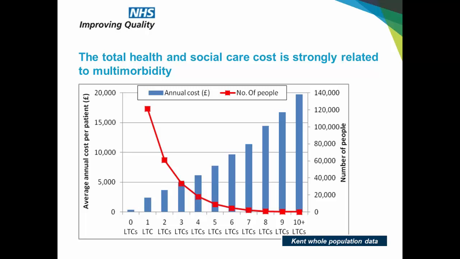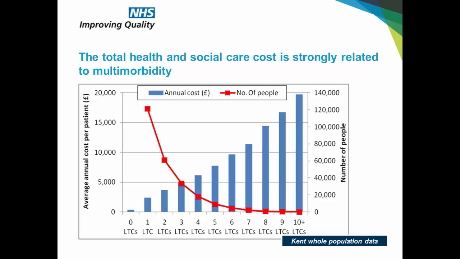The next slide is looking at that group against cost. So on the left-hand side, you can see the average annual cost per patient. And on the right-hand side, you can see the number of people within the population. And then the red line there is showing you the number of people, and then you can see how many of them are likely to have long-term conditions and correlate that with cost.